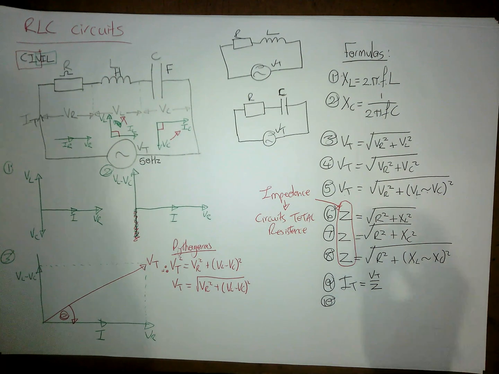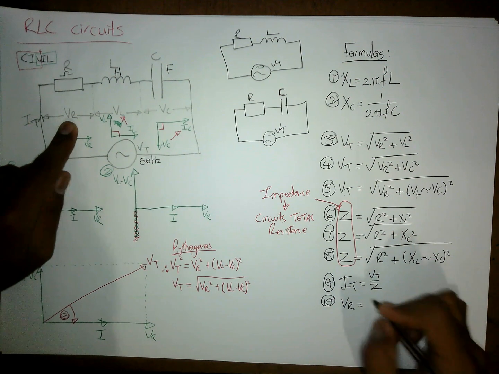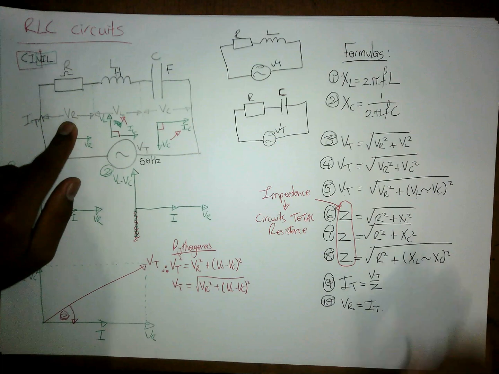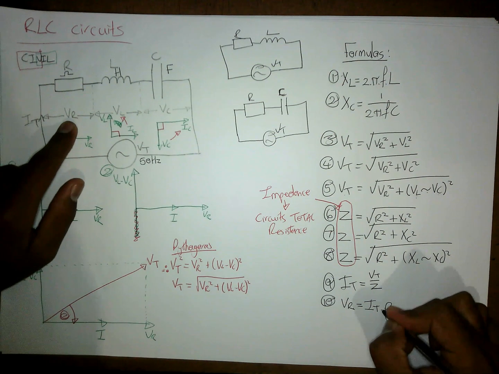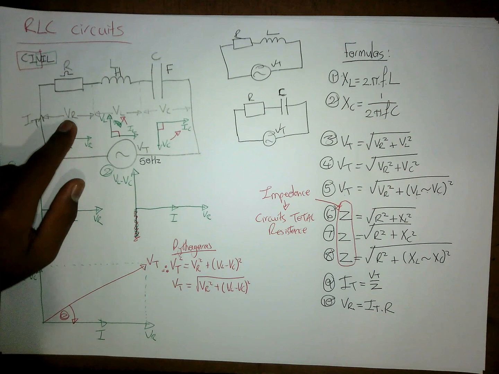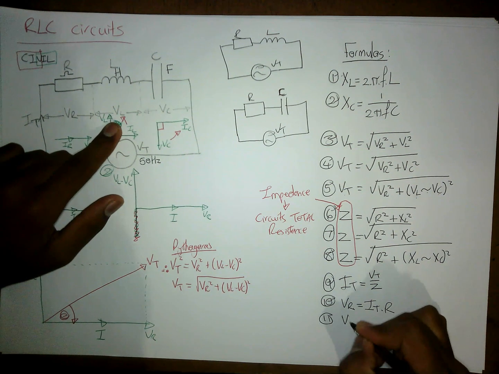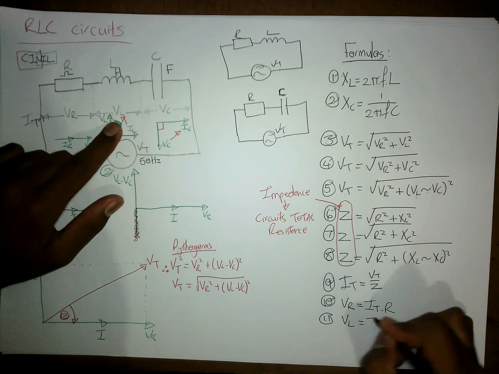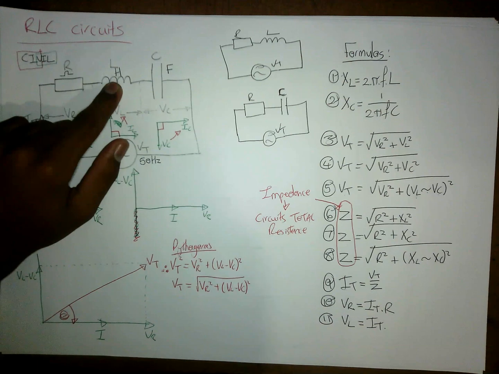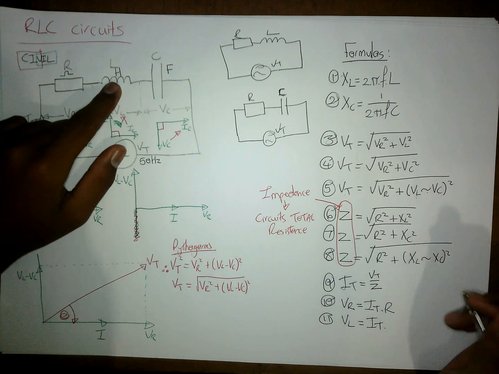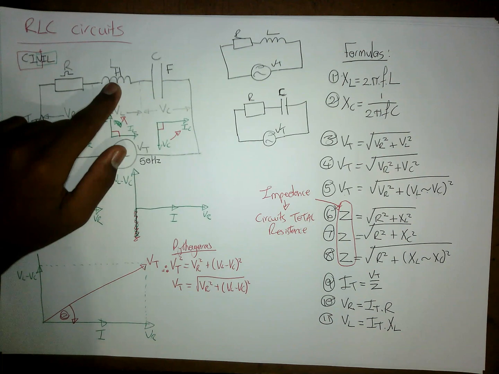So for the voltage drop of the resistor, VR equals I total multiplied by R, the component resistance. For the voltage drop of VL, I total multiplied with the resistance of that component, which is called XL, inductive reactance.